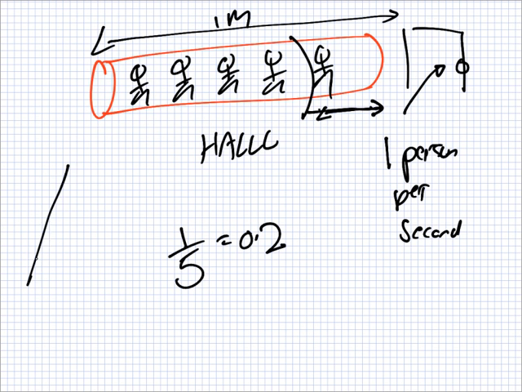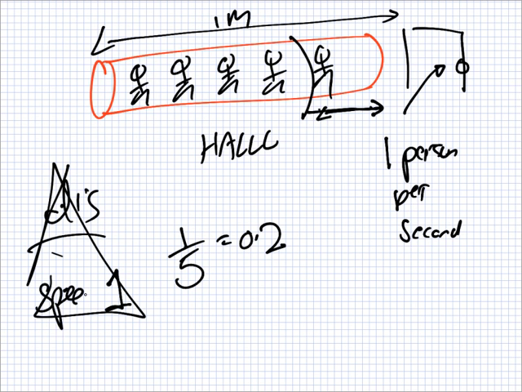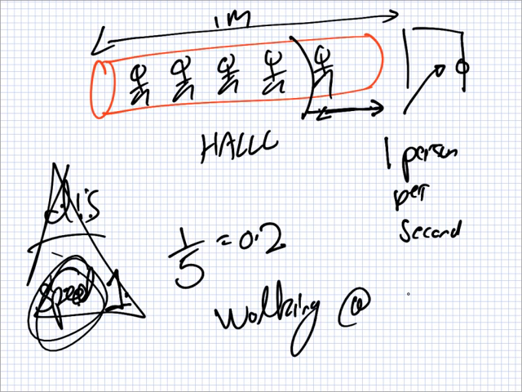Now, if you think about your triangle, distance, speed, time, what's the time? 1 second. We're talking about per second. What's the formula for speed? Distance over time. And what's the time? 1. So speed equals 0.2. They're walking at 0.2 meters per second. This is the logic I'm using here.